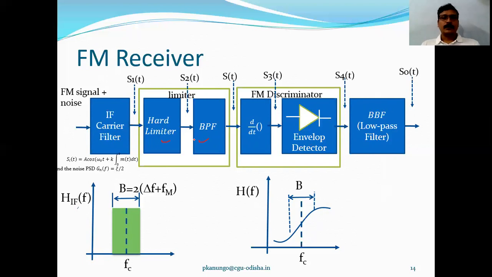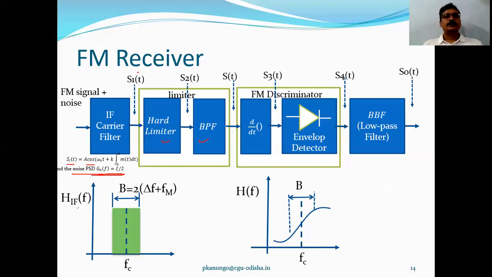So now with these blocks, we'll start analyzing the effect of noise in an FM system. Here, the FM signal plus noise is added. The input signal is A cos(omega_c t + ...) plus n(t), the noise n(t) we are adding, whose power spectral density is eta by 2.